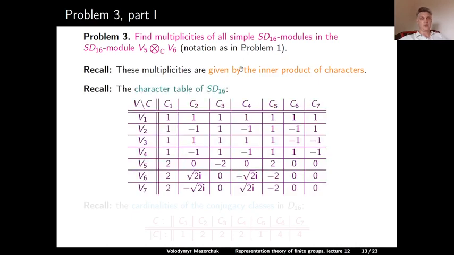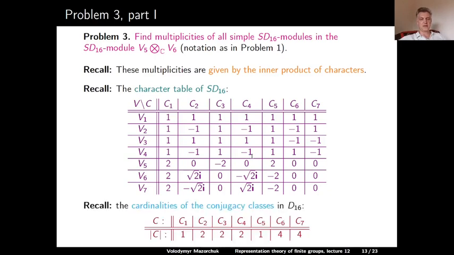In problem 1, we computed explicitly the character table for SD16. So if you want to compute the inner product of characters, it's also very good to remember the cardinalities of the conjugacy classes. And we had an explicit list of conjugacy classes, so we have the cardinalities 1, 2, 2, 2, 1, 4, 4 of the conjugacy classes C1, C2, and so on.